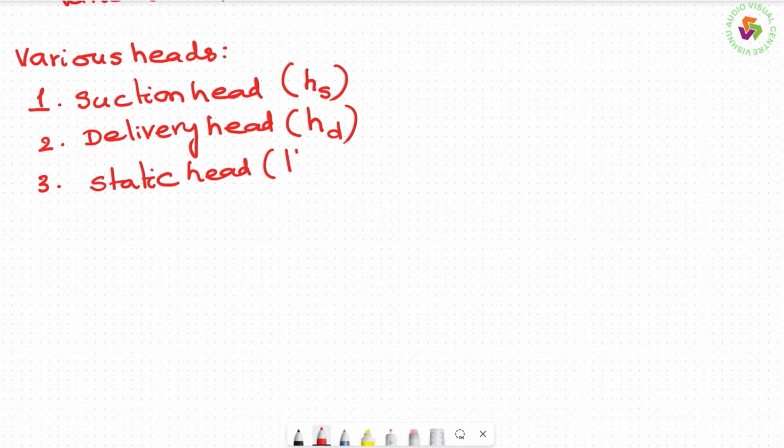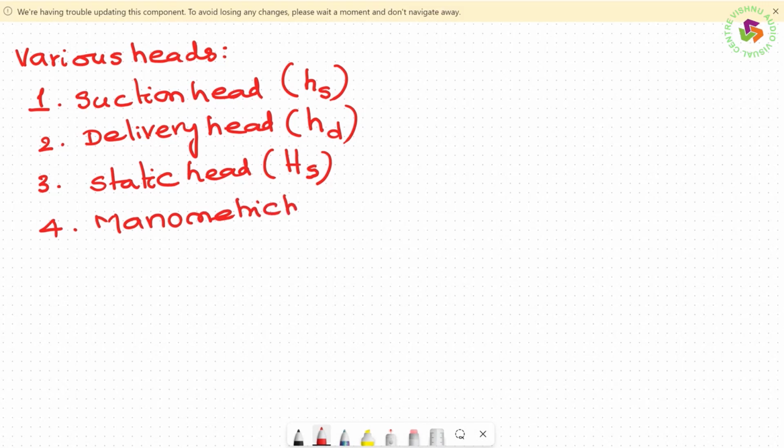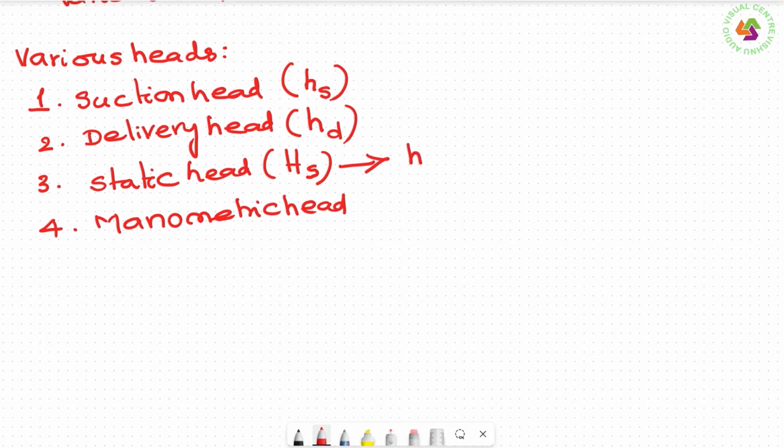It is called as capital H, S. See the difference between this and this. Fourth one is manometric head. But this has only, it is summation of hs plus hd. Static head is nothing but summation of suction head plus delivery head. So this is the thing.